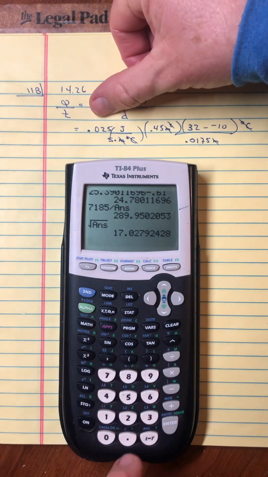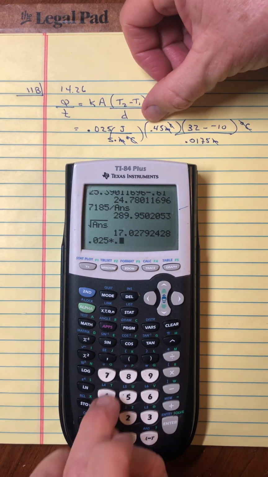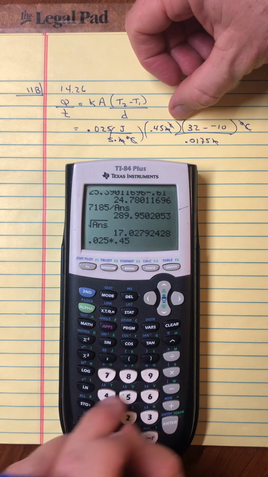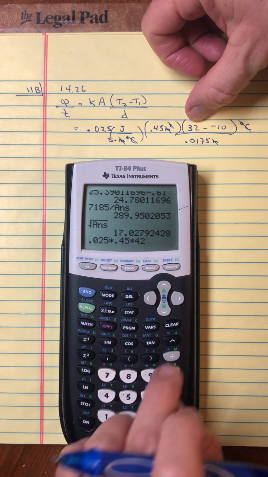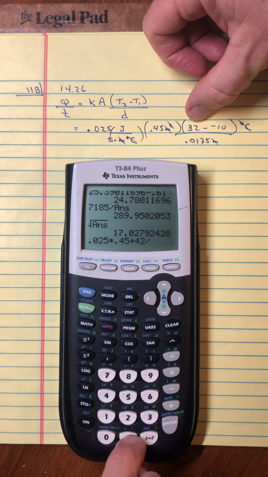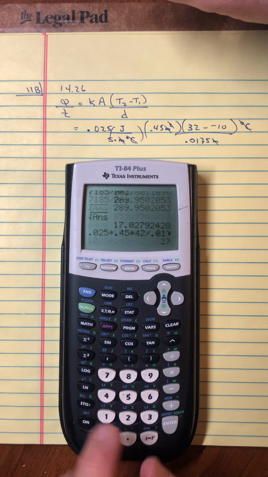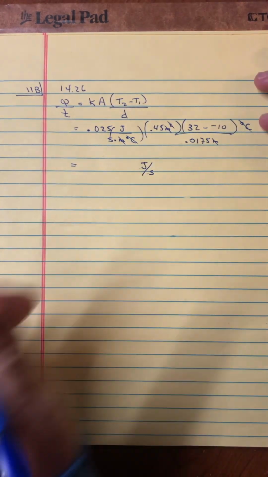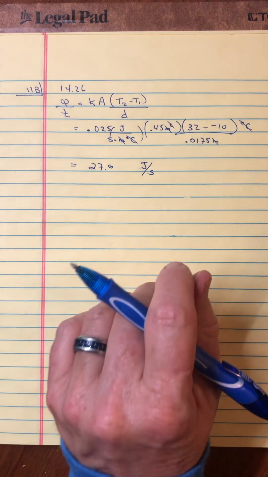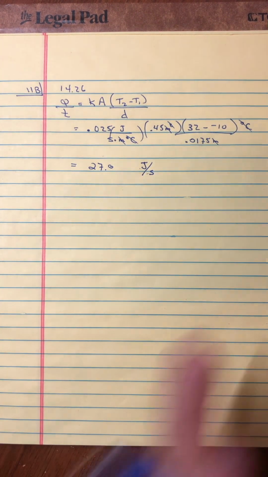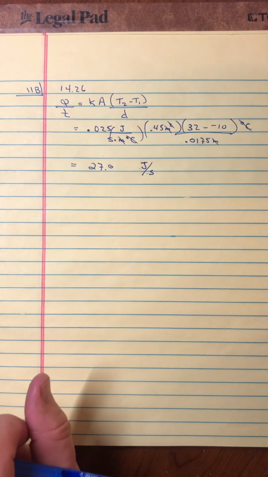And then, so I can go 0.025 times 0.45 times, looks like that's going to be a 42, divided by 0.0175. And so we're looking at about 27.0 joules per second in thermal energy that is flowing out of the skin through the feathers into the environment.